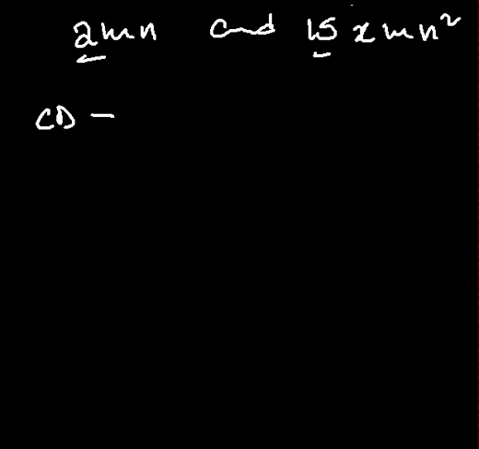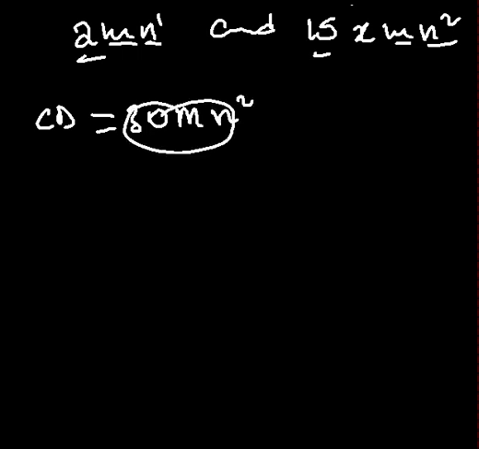What is the common denominator for 2 and 15? We'll have it as 30. Then here we have m and there is also m here, so we have it as part of the common denominator as well. Here we have n raised to the power 1 and n to the power 2. In this case the common denominator will be the variable with the highest degree power, which is n to the power 2. So this will be the common denominator.